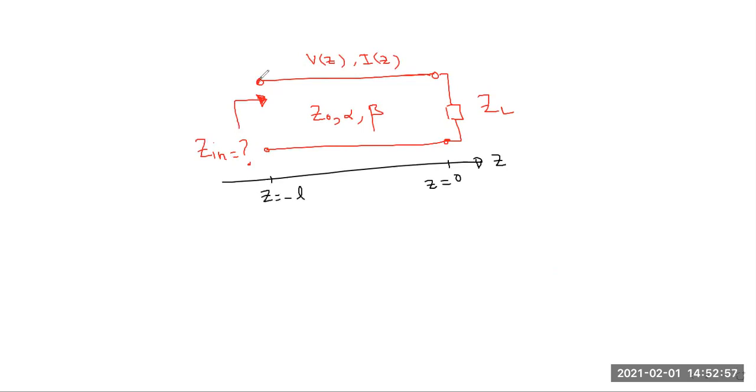Because I want to find the impedance at the input, I can take the ratio of voltage at this point and divide it by the current at this point, and that ratio will give me Zin. So how will I find Zin? I need to find the voltage at z equal to minus L, and then divide it by the current at this position, which means I have to take z equal to minus L, which is this point.